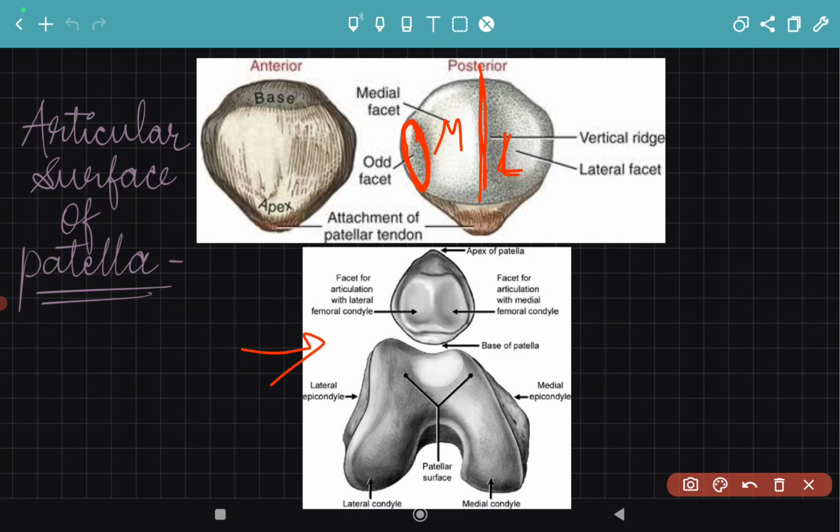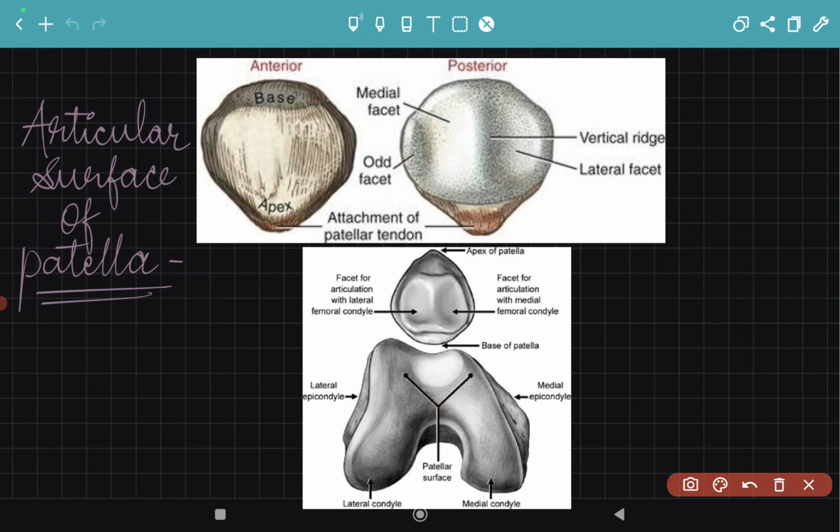Here we can see how is the articulation. This way the patella was, and it is just flipped upwards, which can be seen over here clearly. So this is the apex of patella, which will be somewhere over here, and those are the lateral and medial articulating surfaces which will be present over here, with the odd facet at the medial side.